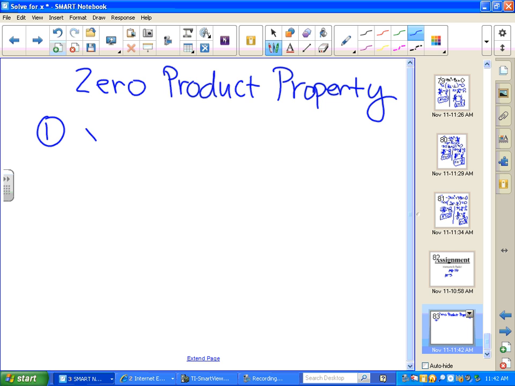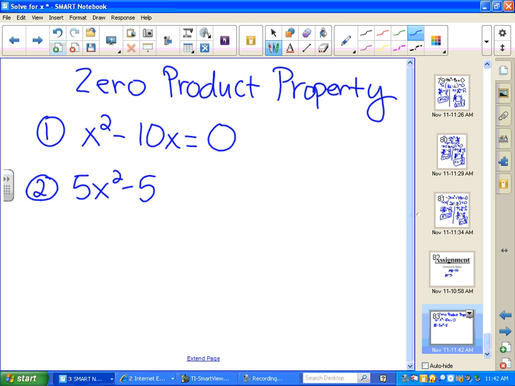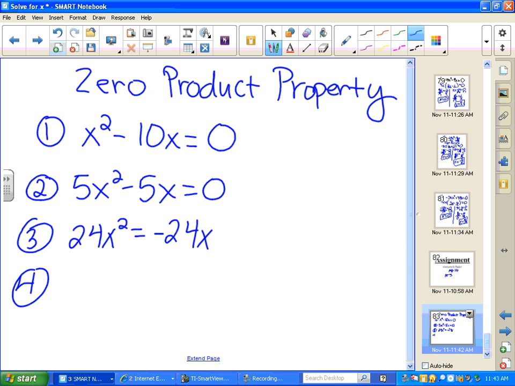Number 1 is x squared minus 10x equals 0. Number 2, 5x squared minus 5x equals 0. Number 3, 24x squared equals negative 24x. Number 4, 8x squared equals 24x.